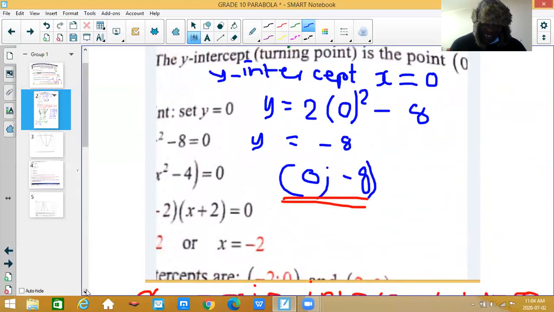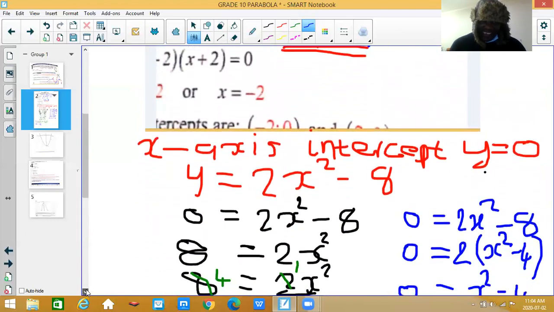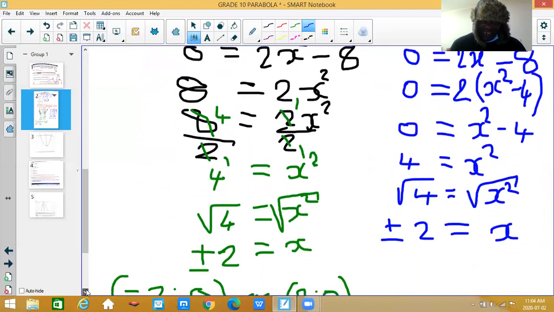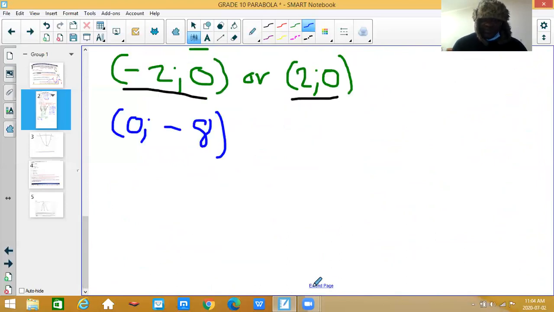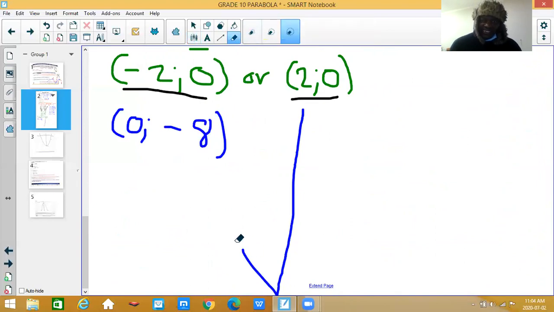Now that we have the y-intercept and the x-axis intercepts, in grade 10, since we know that the graph that we have on the y-axis, this will be our turning point. In grade 10, our turning point will always be on the y-axis.